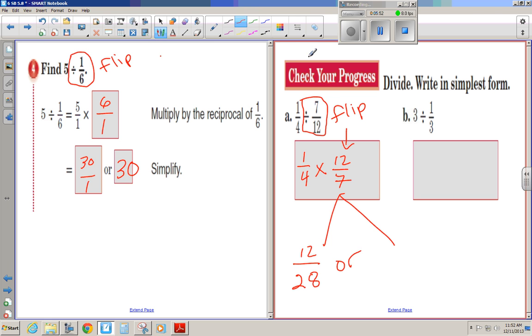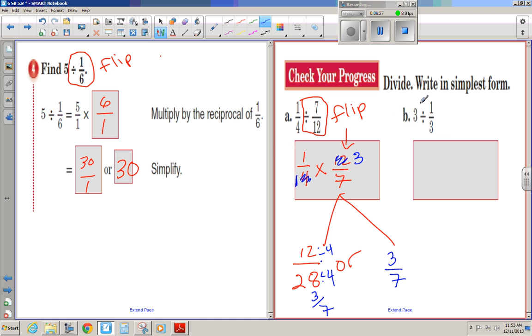Or you can look at 12 and 4 and say, all right, the greatest common factor is 4. So I'm going to divide this by 4 and get 1, divide this by 4 and get 3, and so your final answer is 3/7. But you could have done the simplification at the end and still received a 3/7 answer.